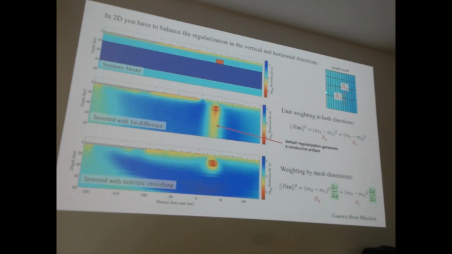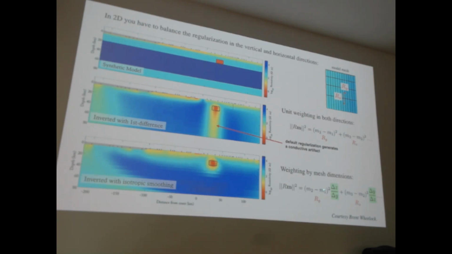You've got to balance your roughness measure in the horizontal and vertical directions. In this case here, this is a little synthetic study done by another one of my students, Brent. With the default roughness measure, you've got an artifact because the horizontal roughness was being penalized more than the vertical roughness. And so this blob here created a fault where it really should be causing a blob.